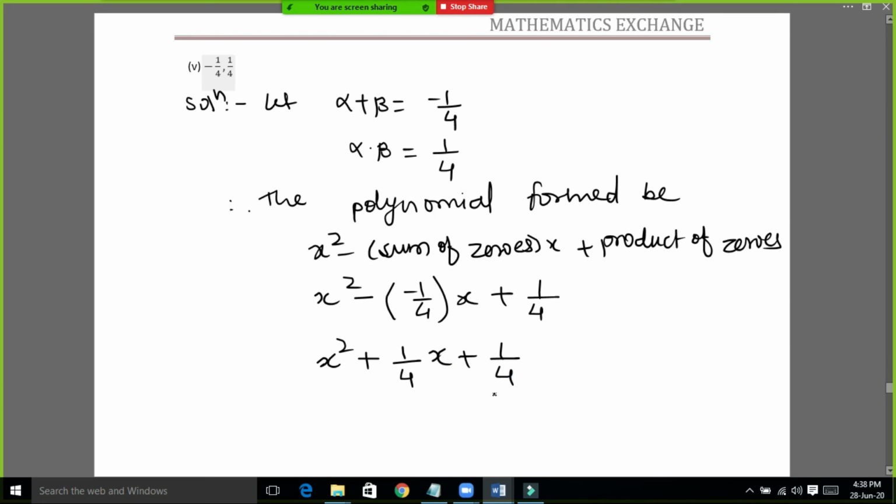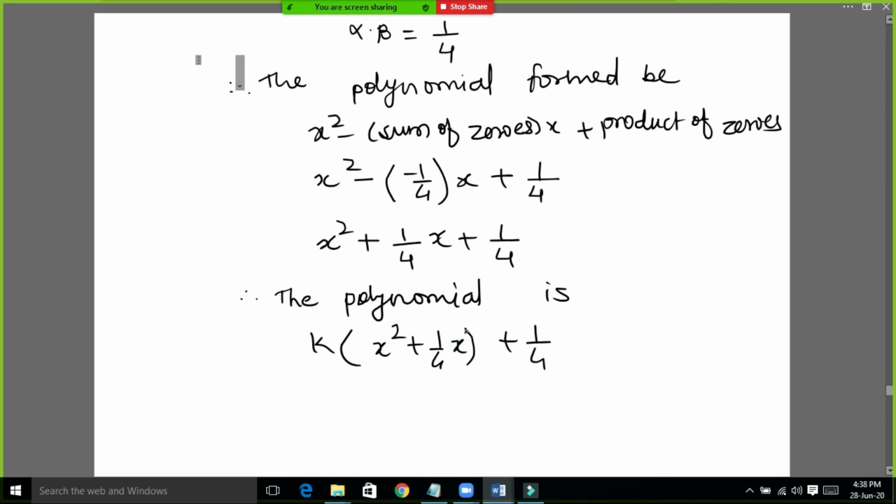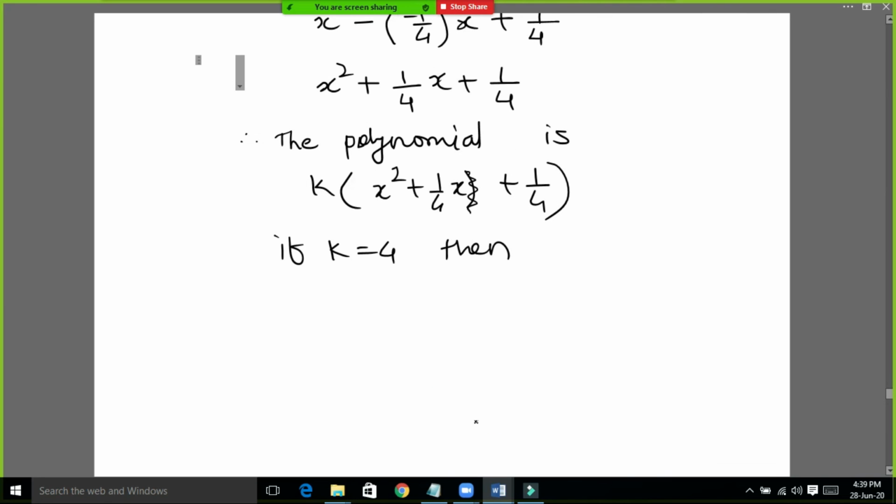Now again we have a non-real number here, so it will be a multiple of some constant k. Therefore the polynomial is k into x square plus 1 by 4 into x plus 1 by 4, and if k is equal to 4, then the required polynomial is 4x square plus x plus 1.